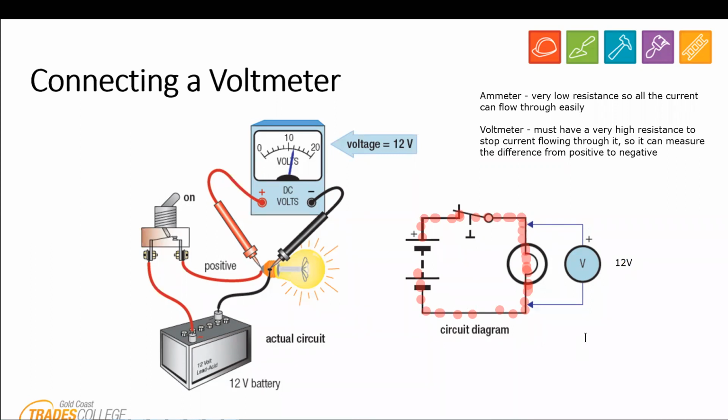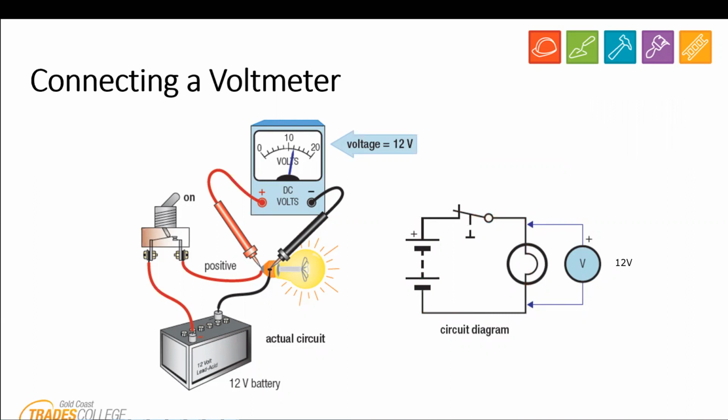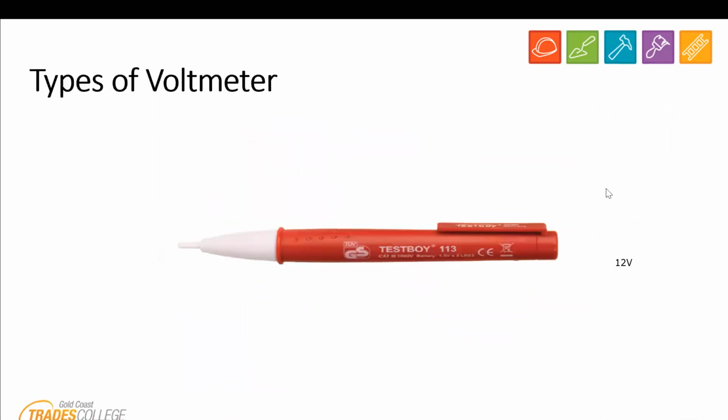The circuit doesn't know it's being tested because of the high resistance of this. The high resistance stops anything going through it, so we can measure the circuit easy. Okay. Right. That's how we connect the voltmeter across the supply, right? Because we're measuring the difference.